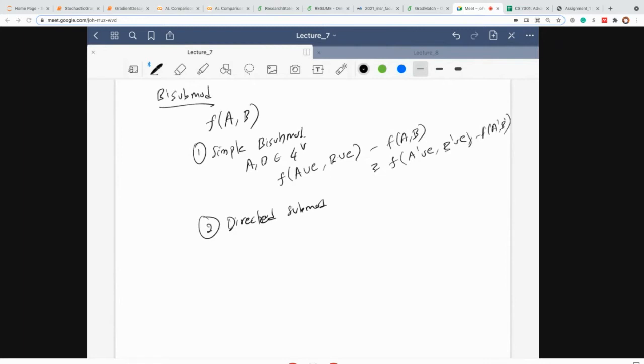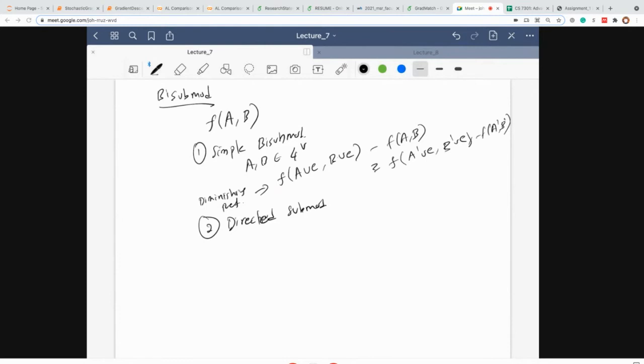Again, this is a little bit confusing because there are multiple definitions. This is the standard diminishing returns way. It turns out that if you satisfy the diminishing returns variant, then you also satisfy the union-intersection version, but not vice versa.